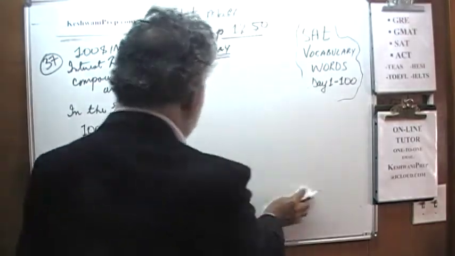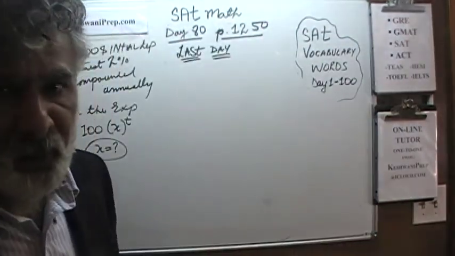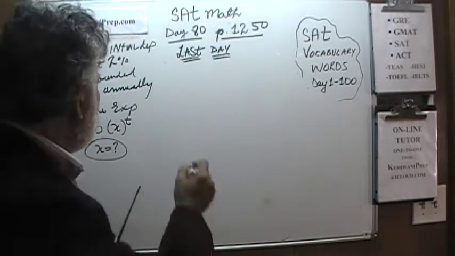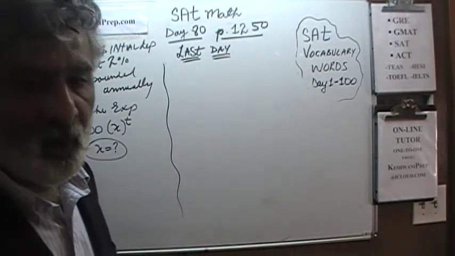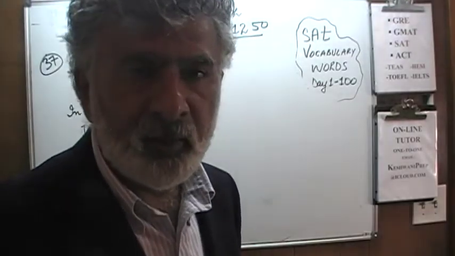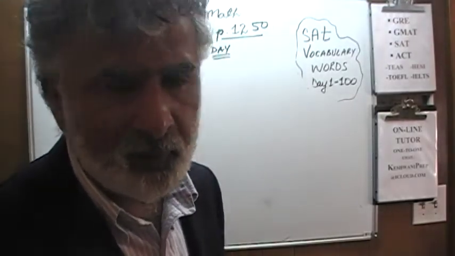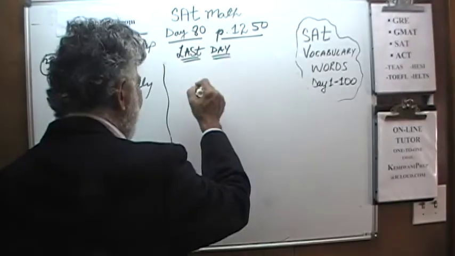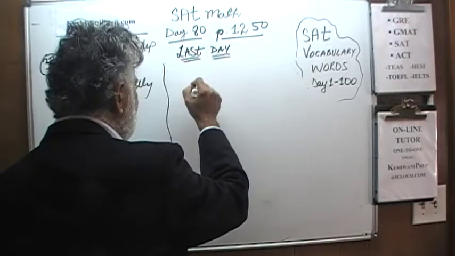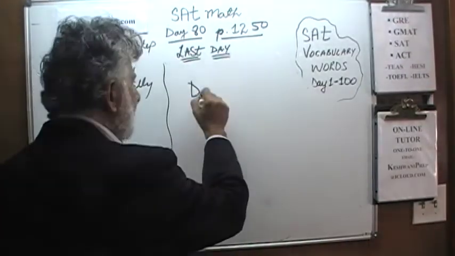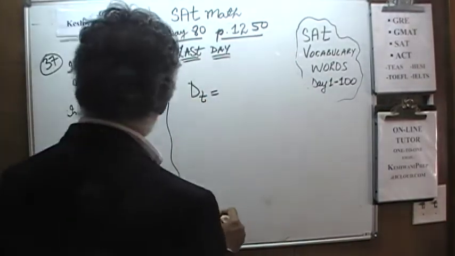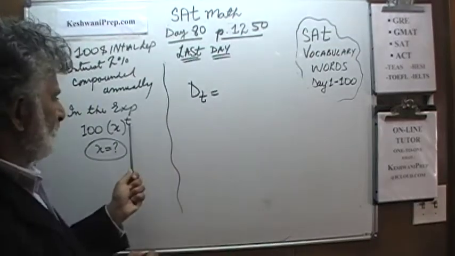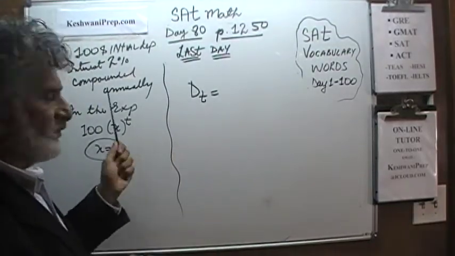The question is, when it is being compounded annually, what kind of equation do we use to find the amount of money in my account at any given time? Let's call it D, for dollar, at any time T. T is the time period, in this case annual.